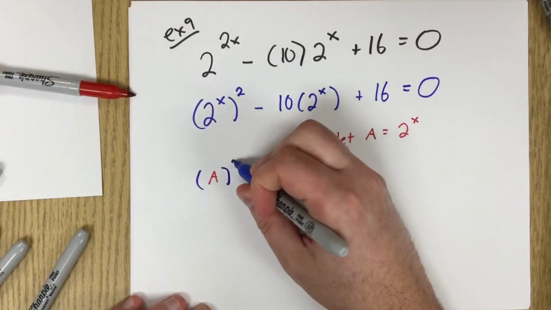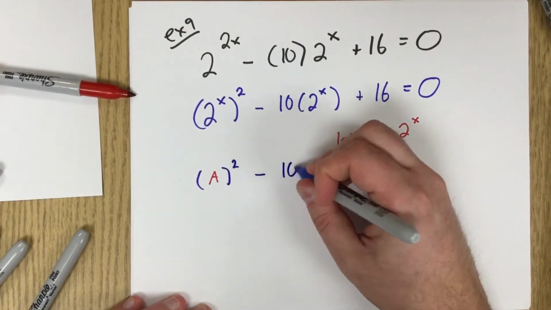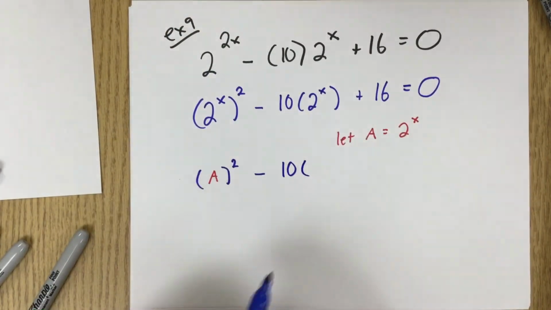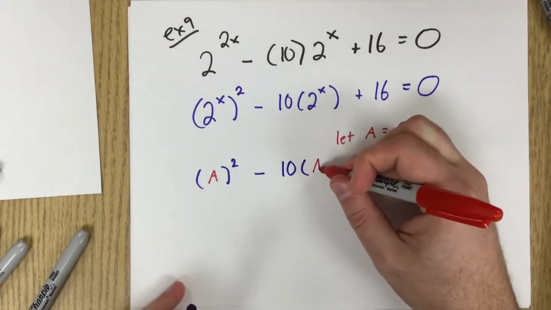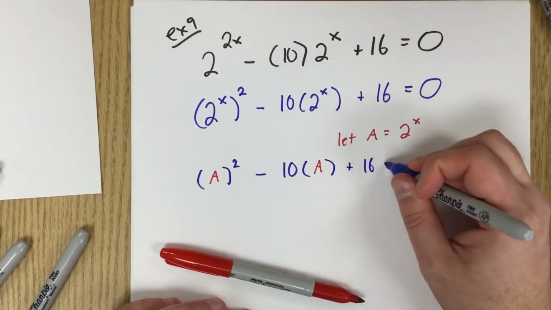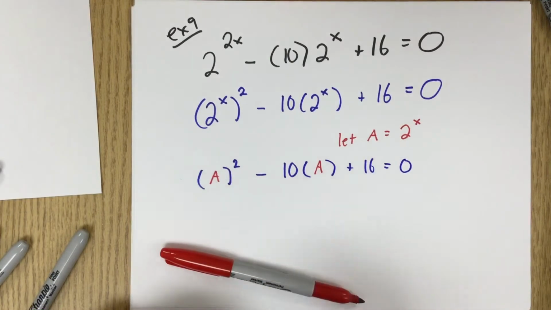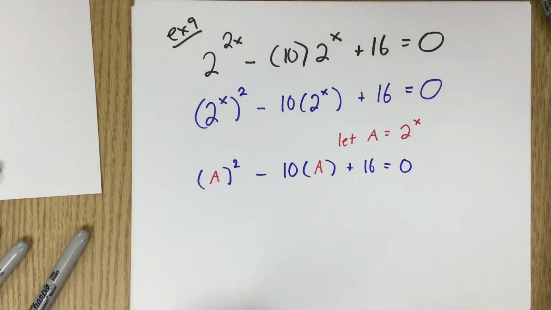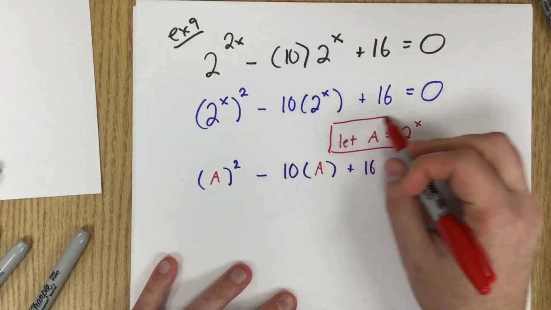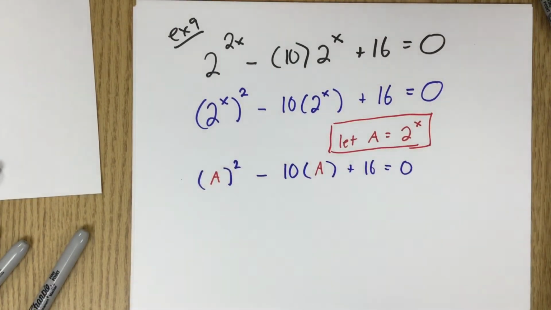So we end up with a squared minus 10 times 2 to the x, which I'm going to say is a, plus 16 equals 0. Now we're going to have to come back to that, so we definitely need to remember this. So we said that a was equal to 2 to the x, and we are going to come back to that.